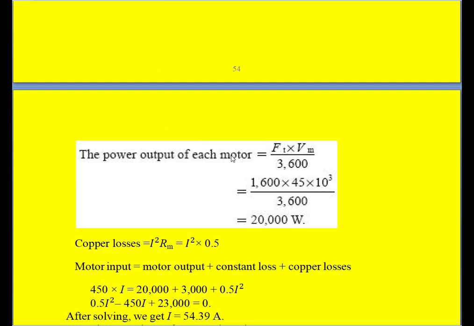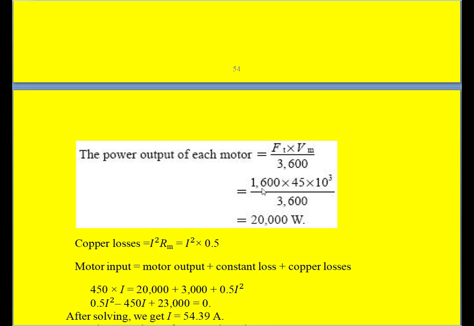The power output of each motor is given by tractive effort at the driving wheel into maximum speed divided by 3600, where Vm is in kilometer per hour.